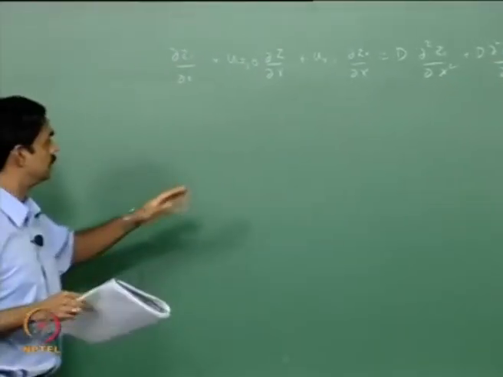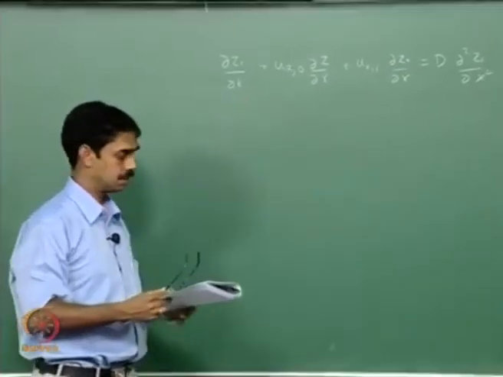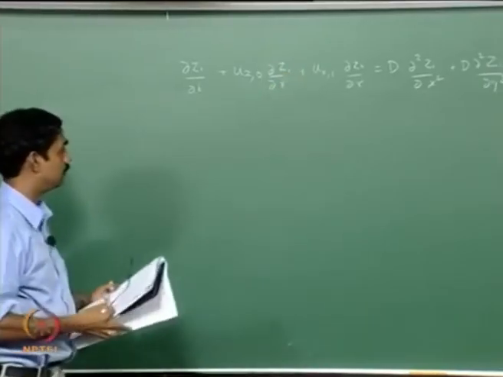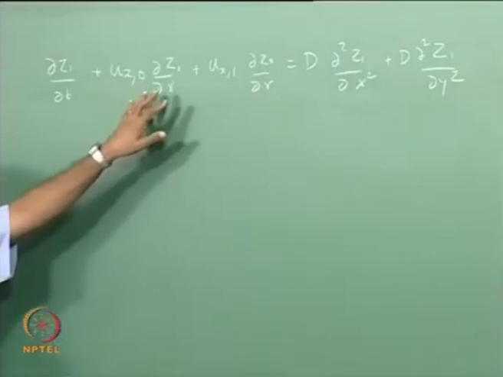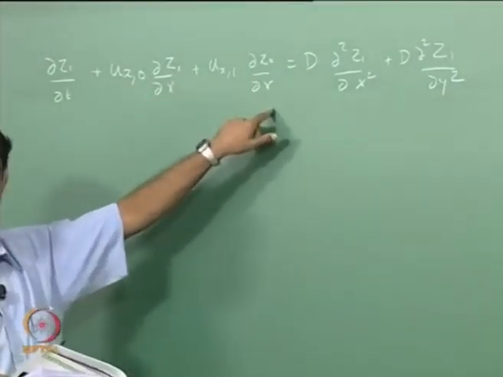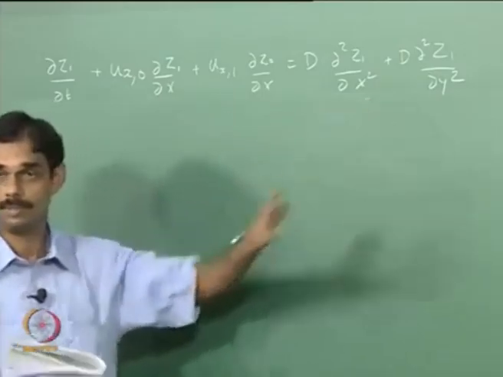When we split Z as Z0 plus Z1 and linearize, you have the term u dz by dx, so that will have a ux comma 0 dz1 by dx plus there is a ux comma 1 dz0 by dx. Those are both first order terms, and then you have the diffusion terms here.